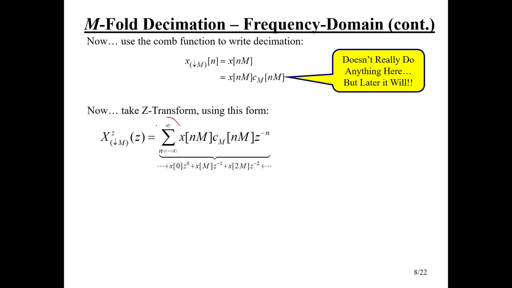As I let n go through the integers, I'm going to get x of 0, z to the 0. Notice that I don't put c sub m down here anywhere, because remember, this doesn't really need to be there. It's equal to 1 for all n. But let's leave it in here, but down here we'll ignore it. So I get x of 0, z to the 0, x of m, because when n goes to 1, this goes to m, but n equal to 1 gives me z to the minus 1, and so forth.